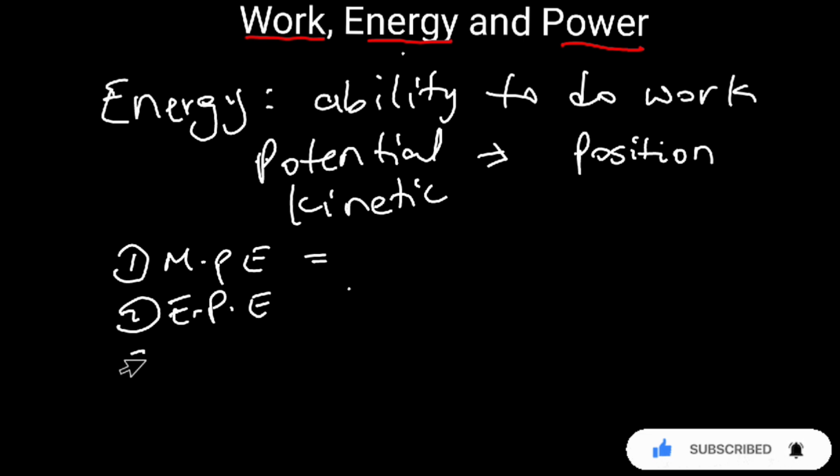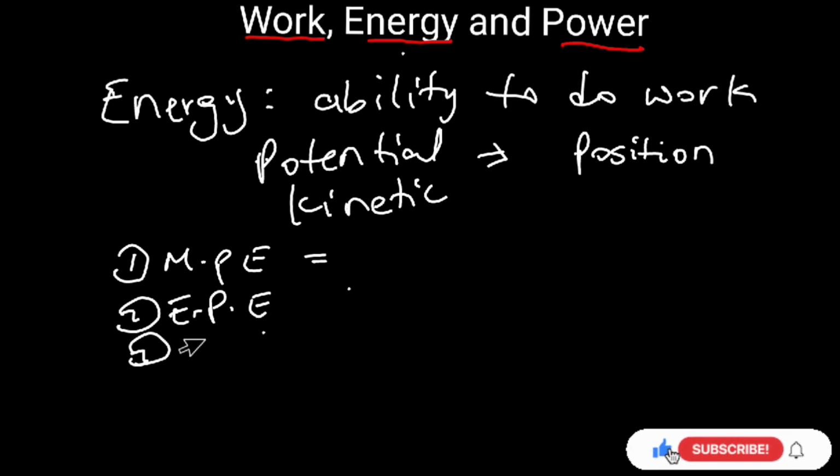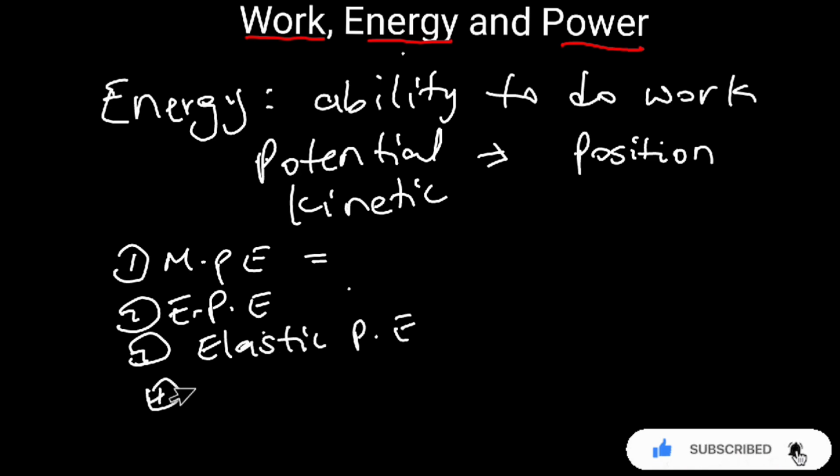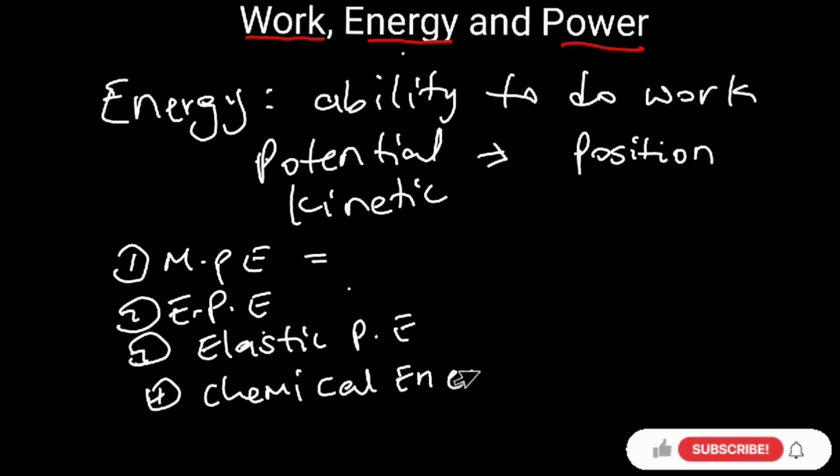And then number 3 is elastic potential energy. There's a coil spring when stretched or compressed. Let me write it as elastic potential energy. And then last we have chemical potential energy, and this is released when petrol and other fuel sources are burned.